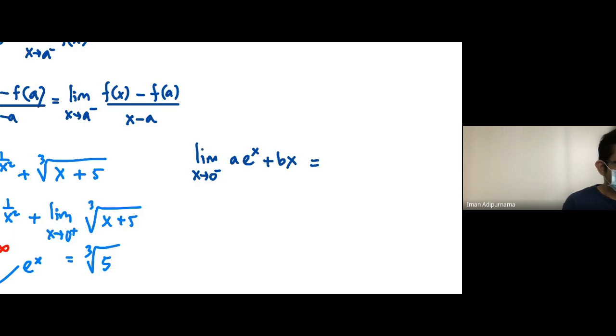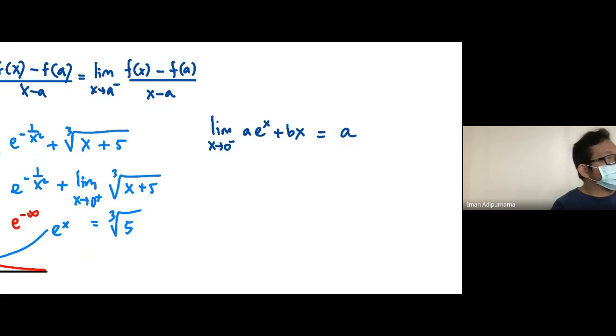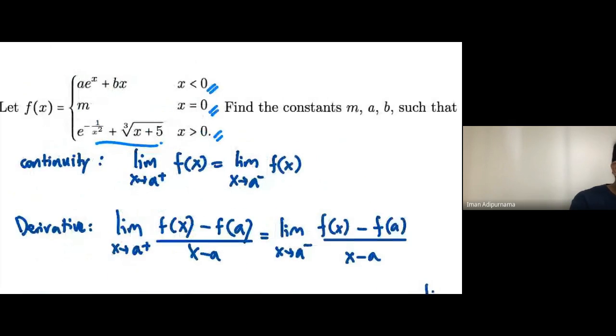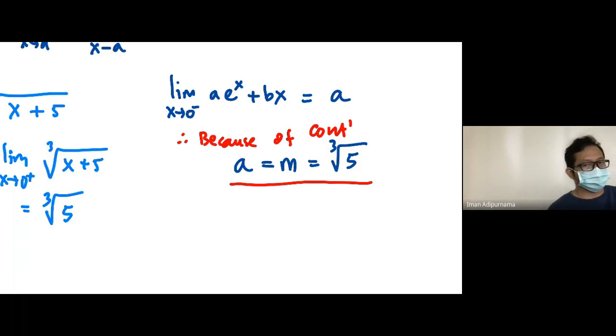Then we compute this, and this will be just a. Because we know that it's differentiable everywhere and we need to have continuity, our a should be equal to this. So because of continuity, we can have this, right?